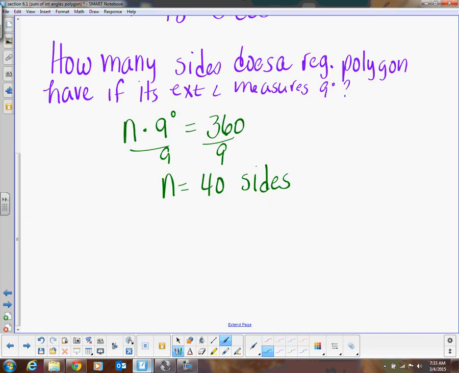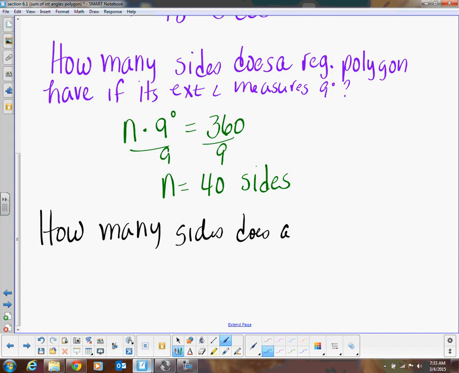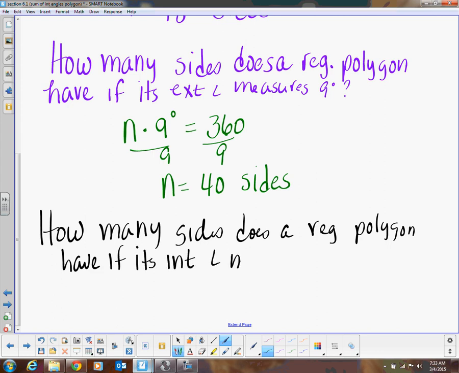Okay, how would this have differed if I had said, how many sides does a regular polygon have if its interior angle measures 171 degrees? How does this get started differently?